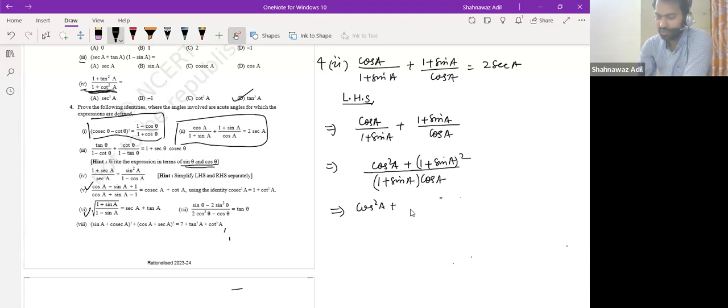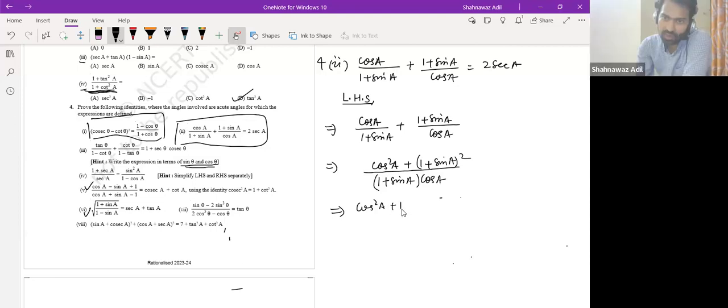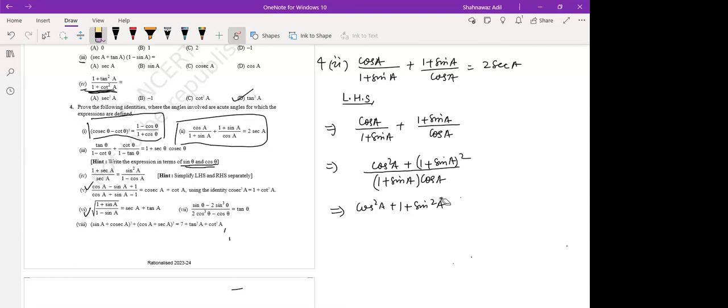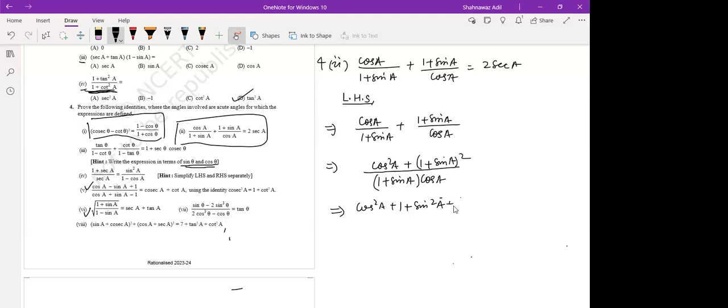A plus B whole square is A square plus B square plus 2AB. So 1 plus sine square A, and then plus 2 sine A.